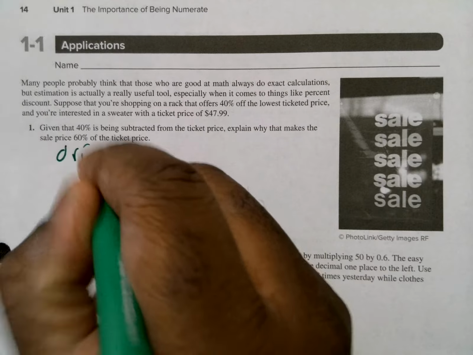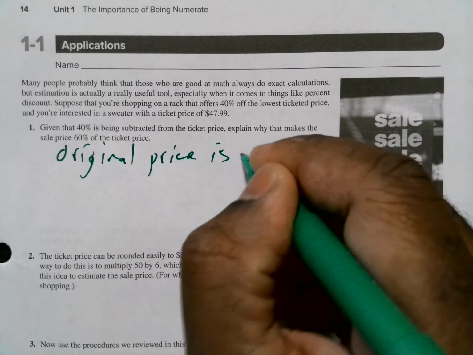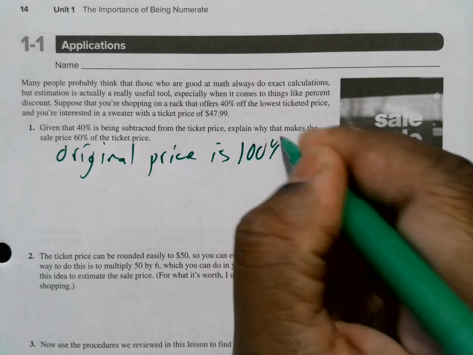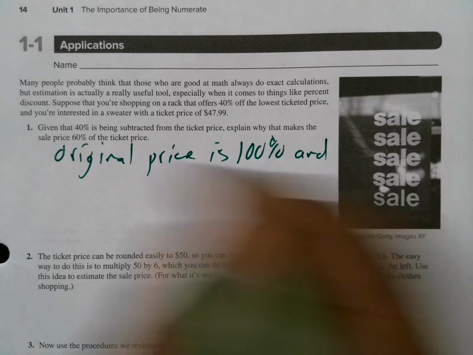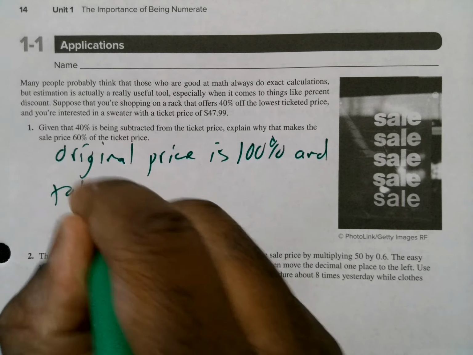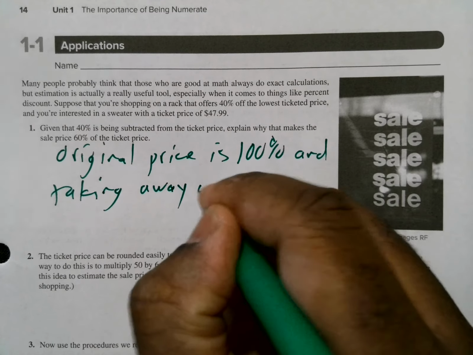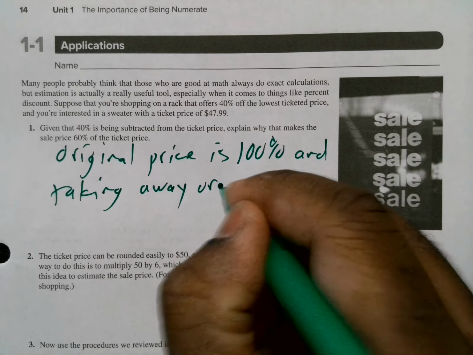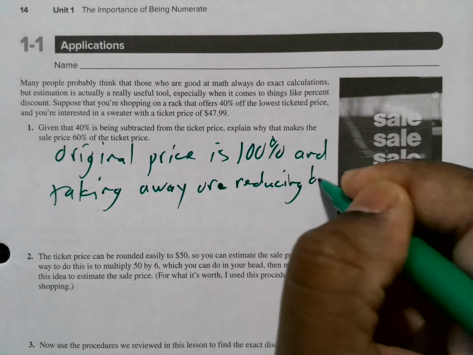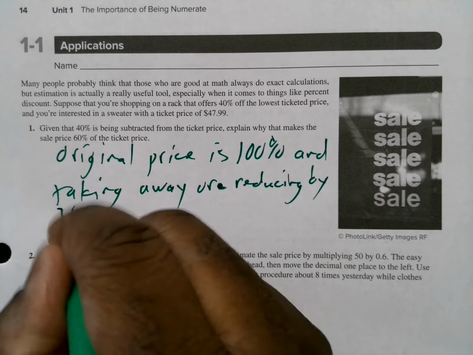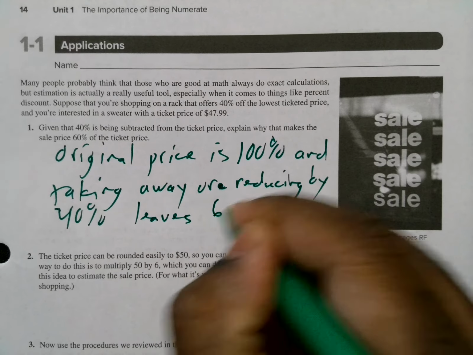The original price is 100%. And taking away or reducing by 40% leaves 60%.